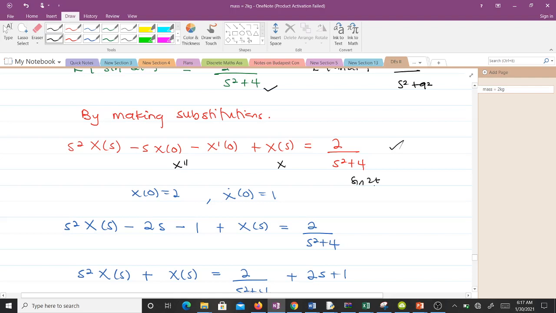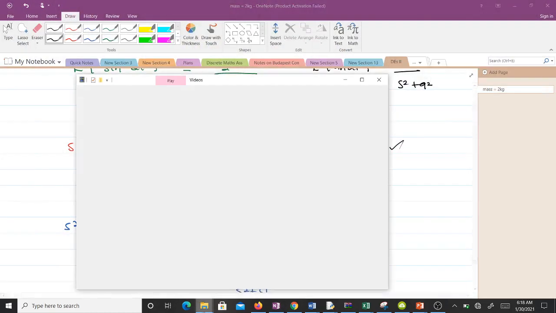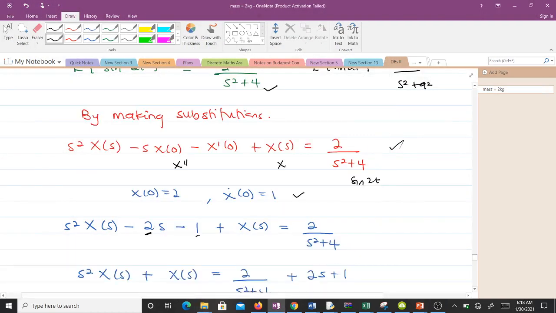So after we are done, then we put in the initial conditions. So x of 0 equals 2 and x prime of 0 equals 1. So wherever you find x of 0, we put 2 there. Where you find x prime of 0, we put 1 there.